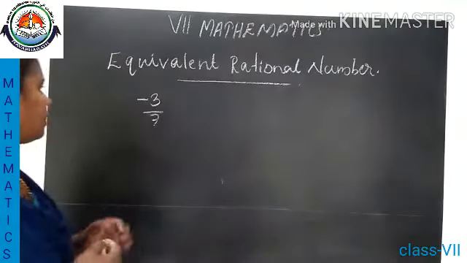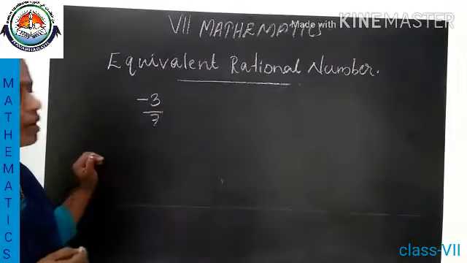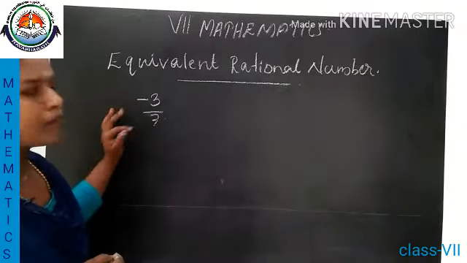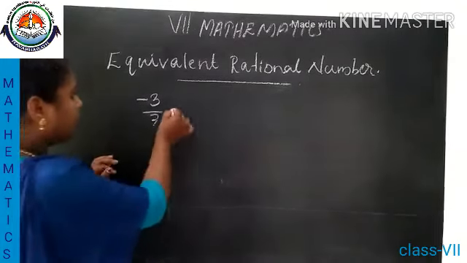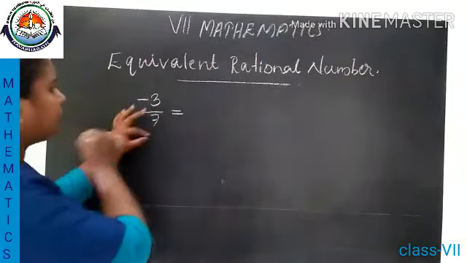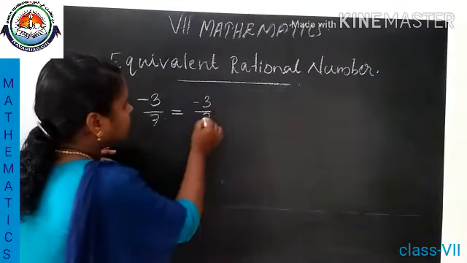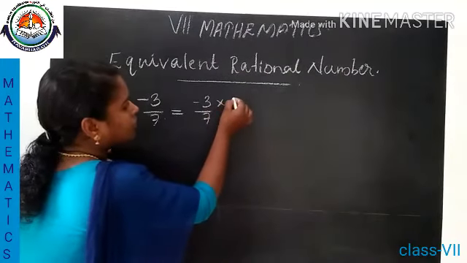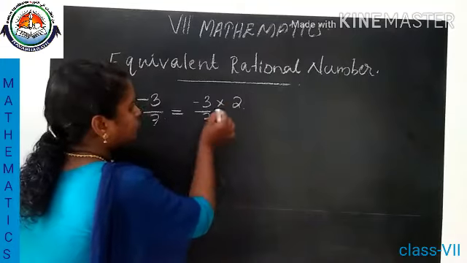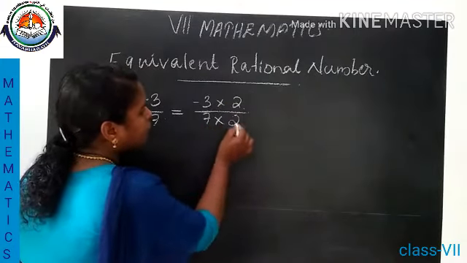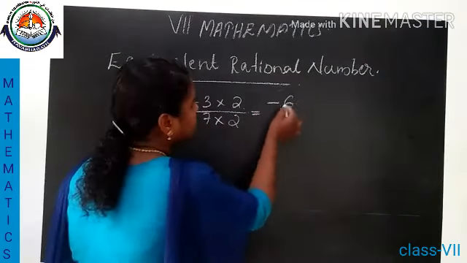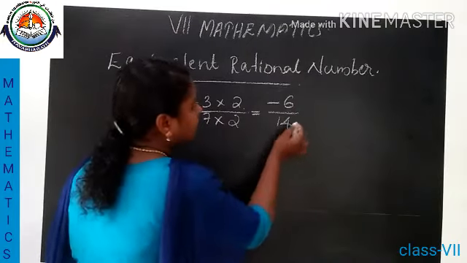How can we find them? First I am multiplying negative 3 by 7 by 2, then negative 3 into 2 is negative 6, and 7 into 2 is 14, so negative 6 by 14.